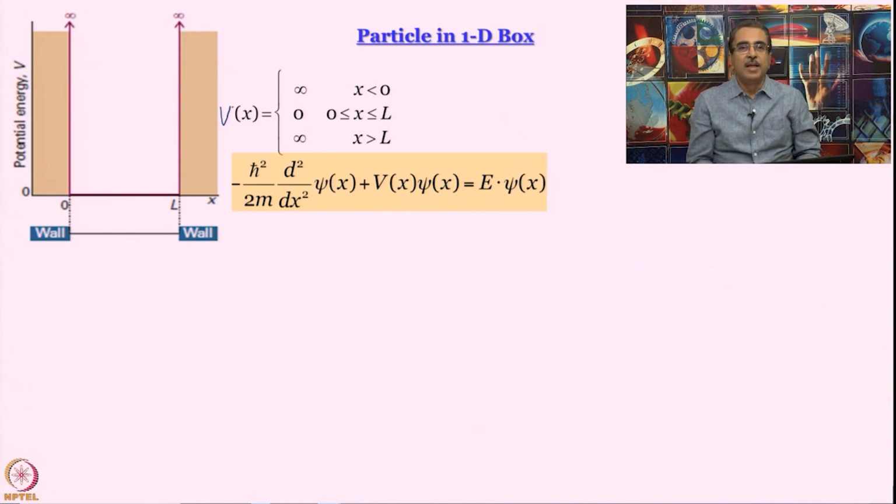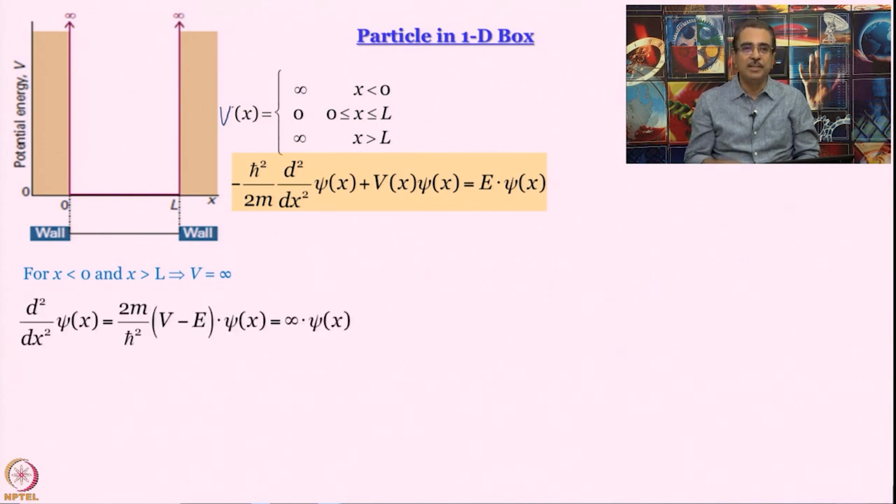Alright. Outside the box, what happens? For x less than 0 and x greater than L, V equals infinity. So if V equals infinity, you just write it like this, and it is a very strange situation. What will this become? 2m by h cross square times V minus E, operating on psi of x, is going to be infinity times psi of x.